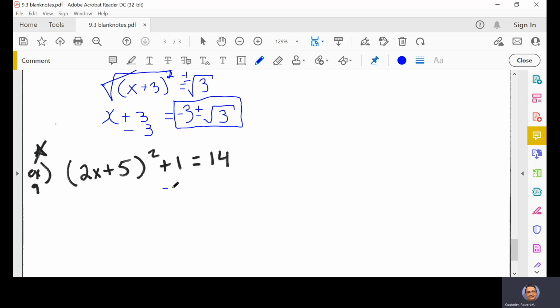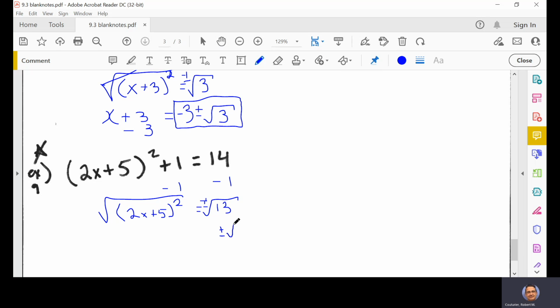Okay? Again, you need to subtract 1 from both sides. This time we have the square root, plus or minus the square root of 13. Again, 13 is not a perfect square.